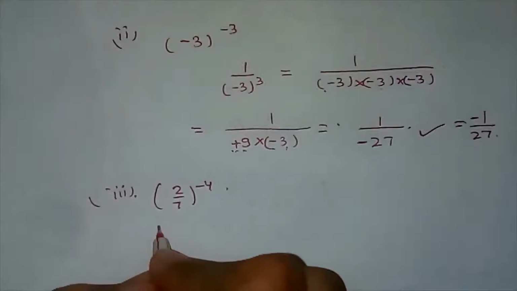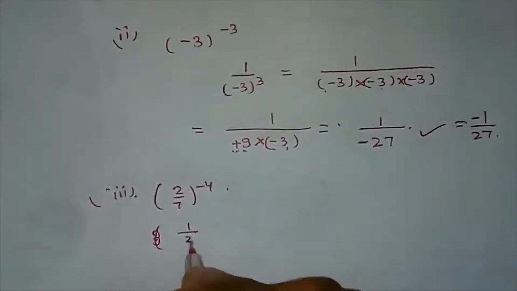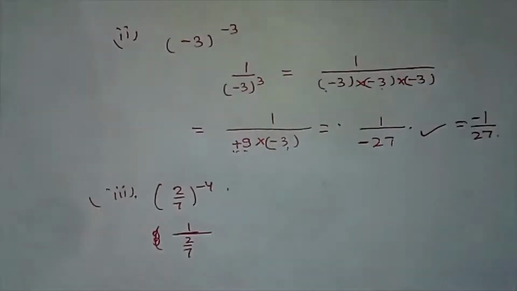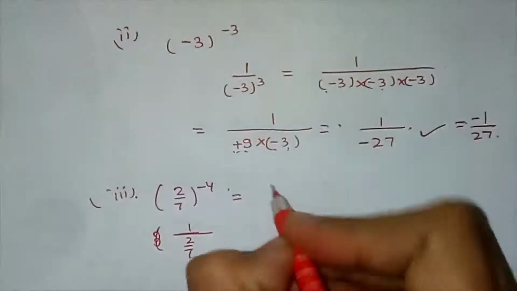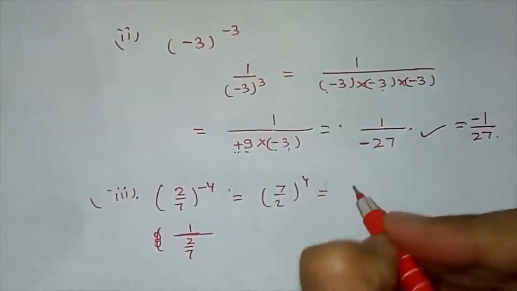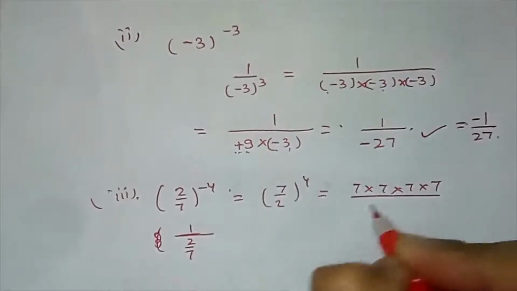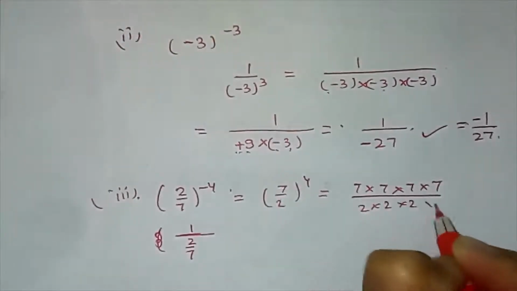Here it will be 1 upon (2/7) to the power 4. Or you can quickly do it as (7/2) to the power 4, which is the direct step. Then you will multiply 7 into 7 into 7 into 7 and 2 into 2 into 2 into 2.